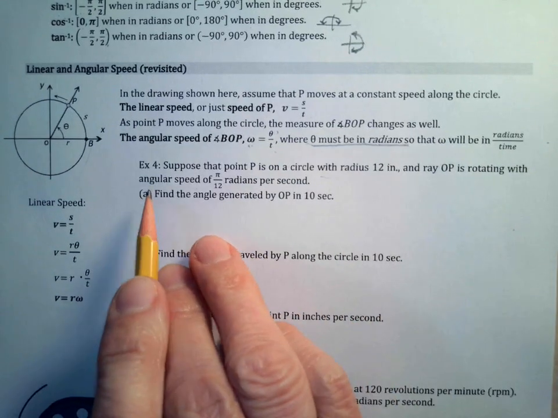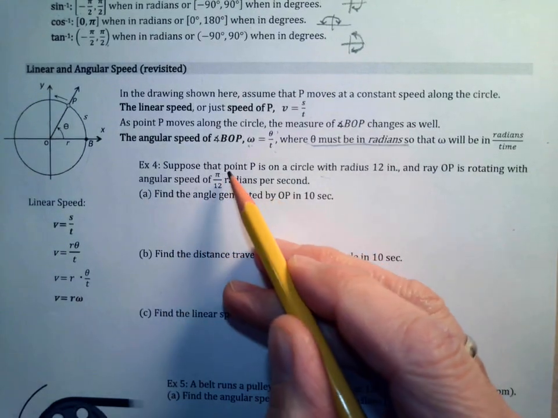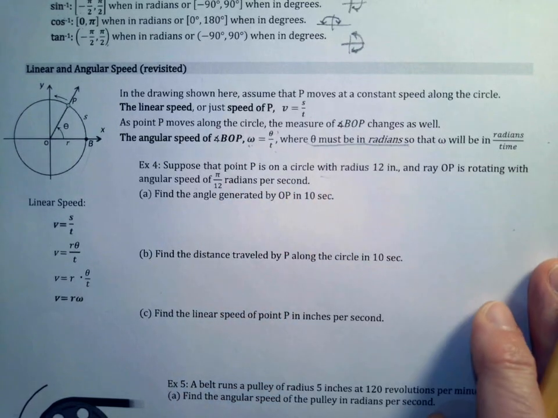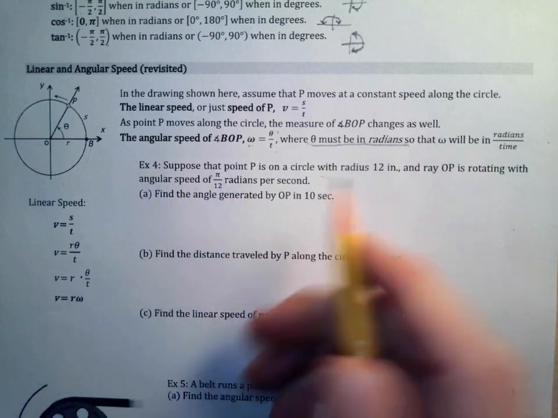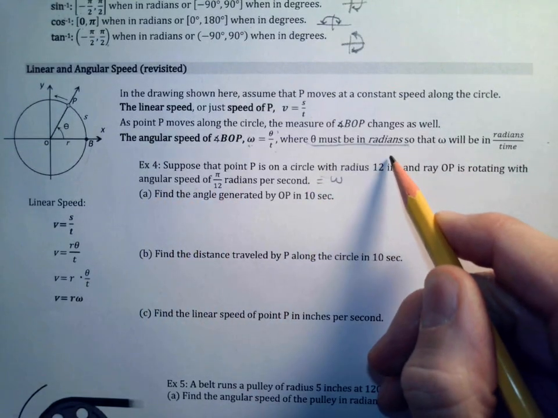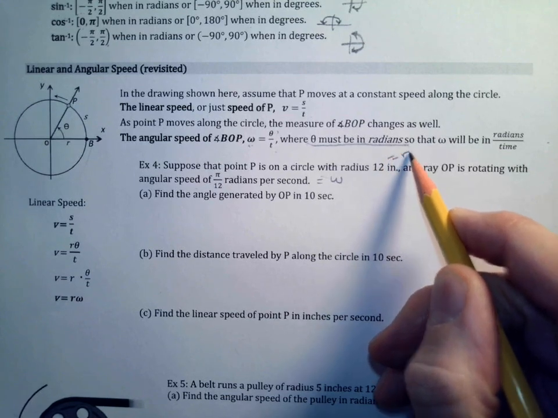Okay. So the angular speed is pi over 12 radians per second. So they've given us an angular velocity. That's omega. And they've given us the radius.